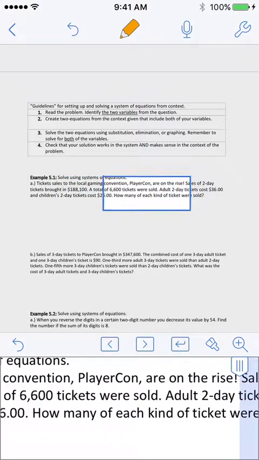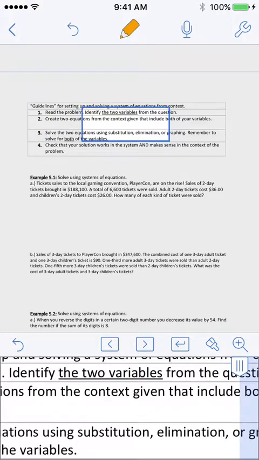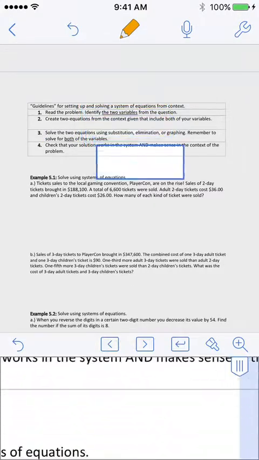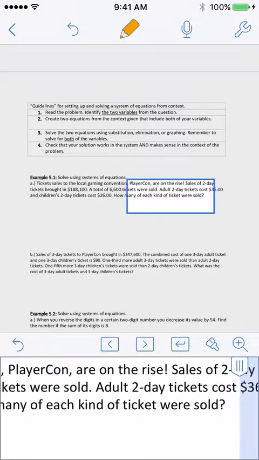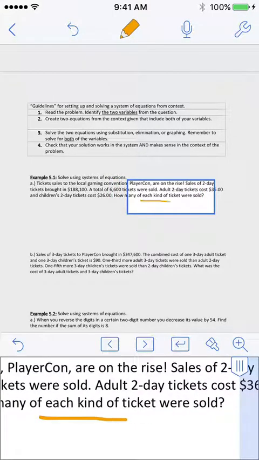So, let's start with identifying the two variables from the question. How many of each kind of ticket were sold? That's the important part, right? Each kind of ticket. When it says stuff like each, you know there's more than one of them.